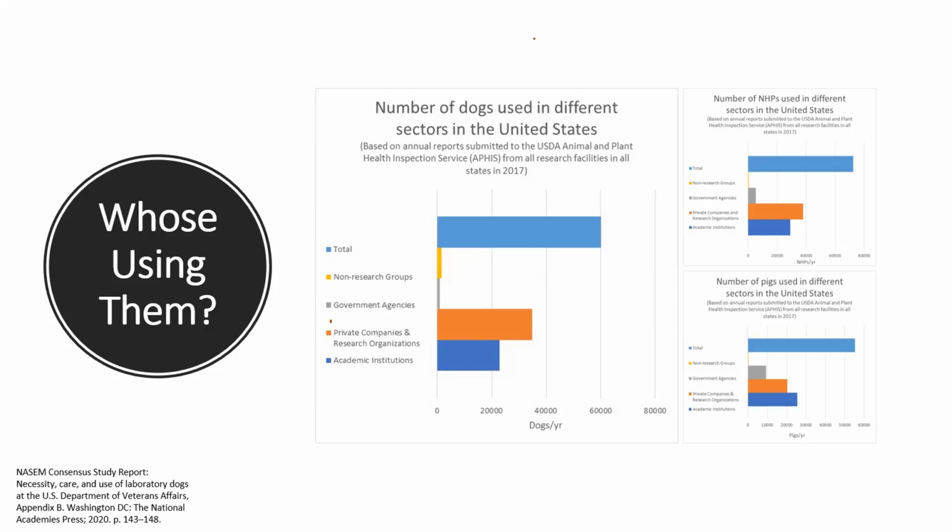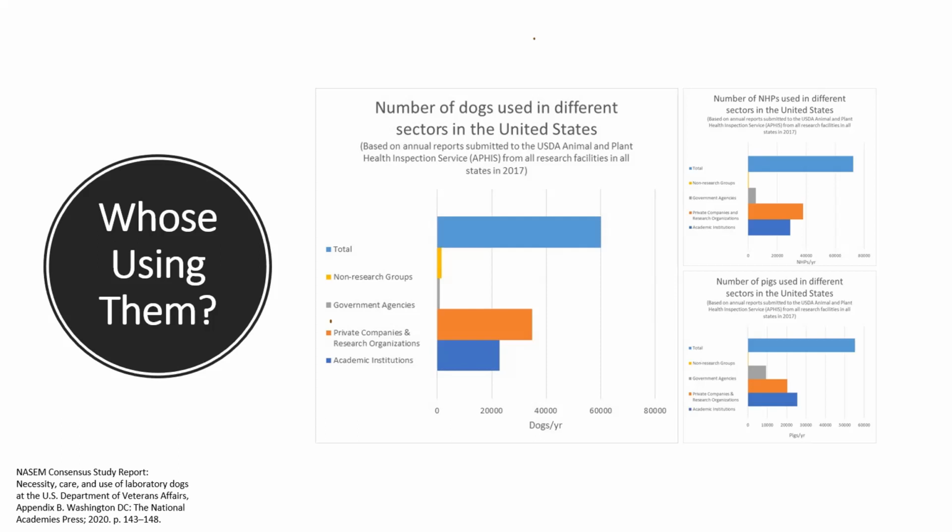We're identifying these sectors, these organizations, by the names that they register with when they file their report. There are approximately 350 organizations in the United States reporting the use of dogs in 2017, and the majority of those organizations are private companies and research organizations, followed by academic institutions and, of course, very little government use of dogs.